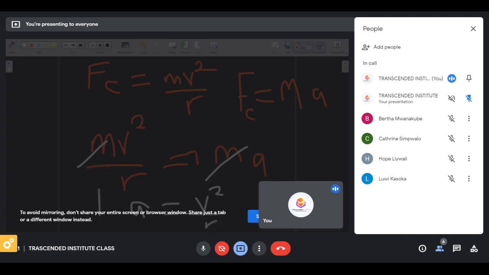This is another very important formula. It represents what we call centripetal acceleration. If you want to calculate the rate of change of velocity in a circular path, you use this formula. This part, v squared over r, represents centripetal acceleration. Very important.